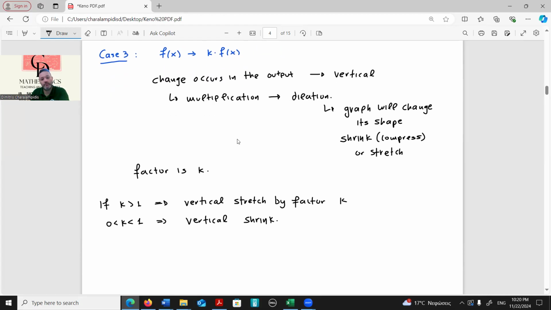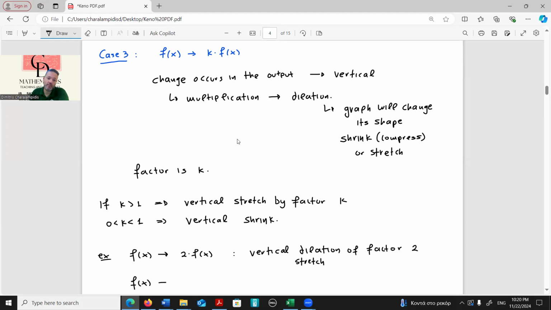For example, from f of x, if we transform to 2f of x, we can describe this as a vertical dilation of factor 2. And if we want to be more precise, we can describe that as a vertical stretch by factor 2.